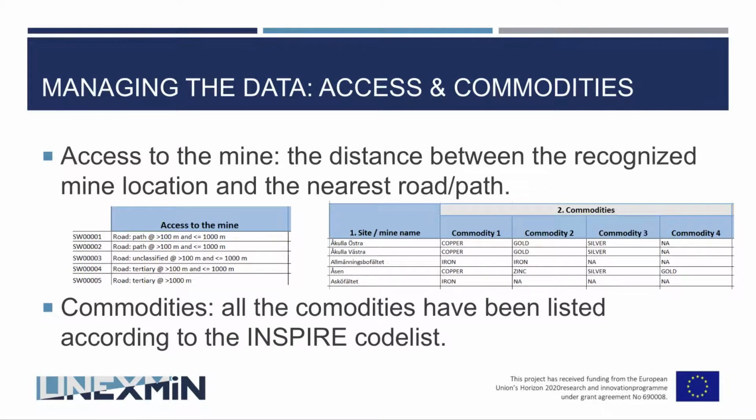Then we also did two computations for the access to the mine. You will see them later in the database, in the upper part on the left: every mine is classified with a distance for the access, whether it is a road, a path, or a tertiary path. This is a computation made through OpenStreetMap.